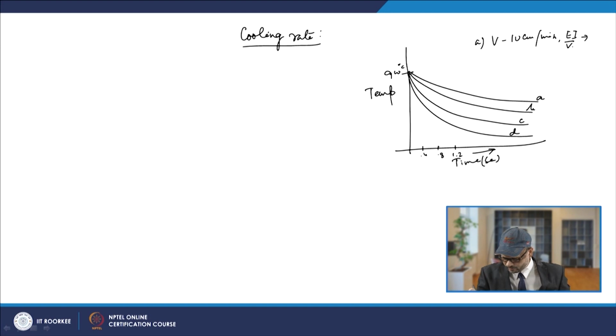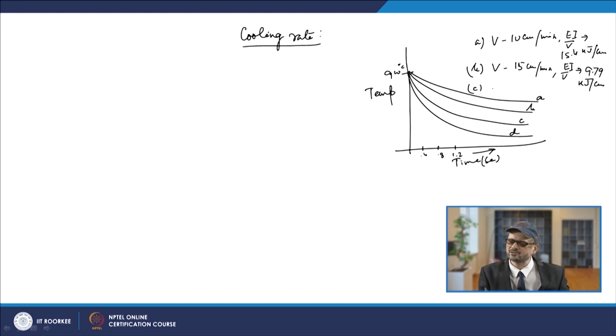Now, this A corresponds to V of 10 centimeter per minute, and EI upon V of 15.4 kilojoule per centimeter. If you go for B, B corresponds to V of 15 centimeter per minute, and the EI upon V value for that is 9.79 kilojoule per centimeter.